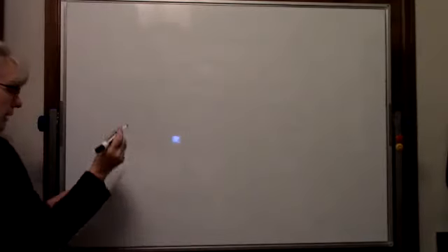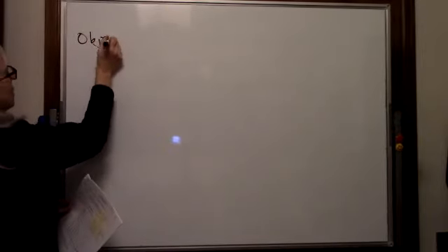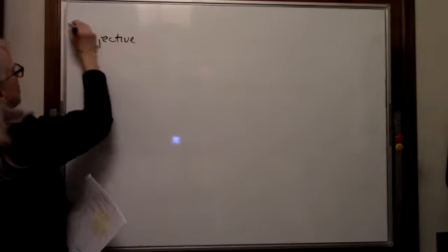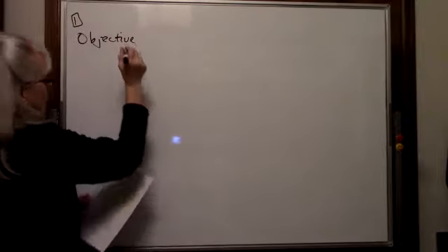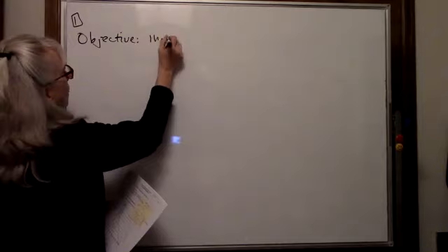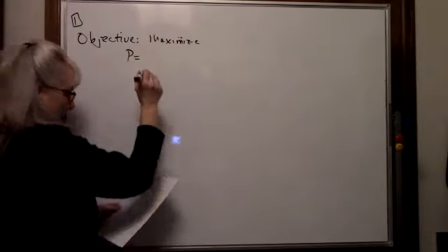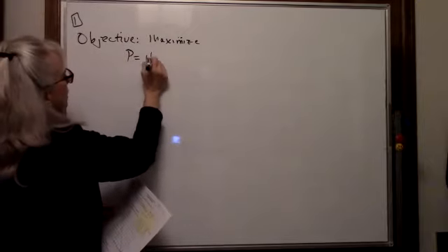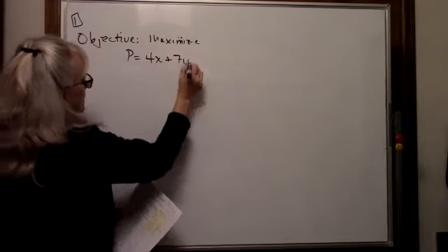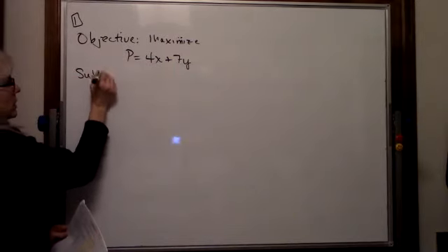But what we want to do is come in with example 1. Our objective function is to maximize the profit. And the profit is equal to 4x plus 7y. And that is subject to, so here are our linear constraints.